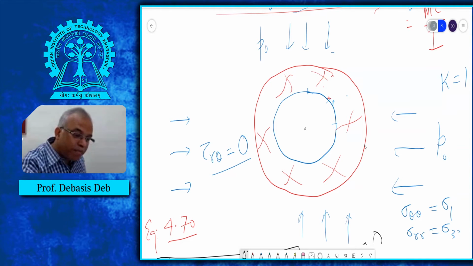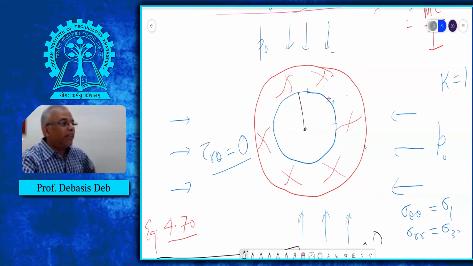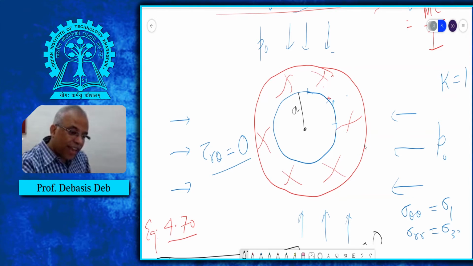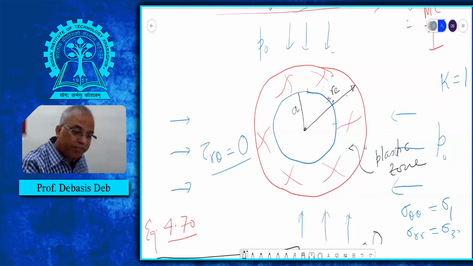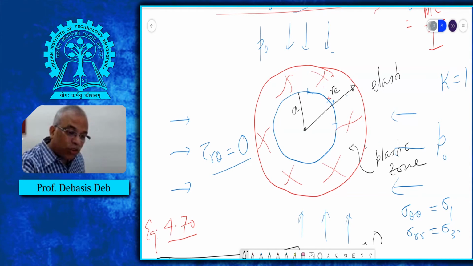Now let's assume this is my radius A, and this is a radius we normally denote by RE. This zone we will call the failed zone or plastic zone, and this one is the elastic zone.